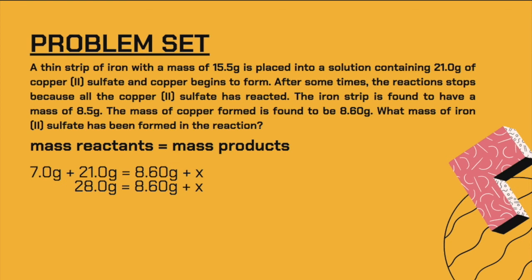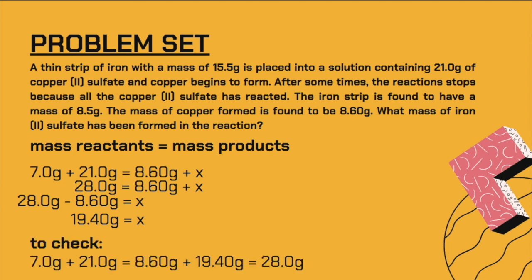And again, we simply simplify our equation. So 7.0 grams plus 21.0 grams is equal to 28.0 grams, which equals 8.60 grams plus x. And again, to find the value of x, we simply subtract 8.60 grams from both sides of the equation, and we get 28.0 grams minus 8.60 grams, which gives us the value of 19.40 grams.